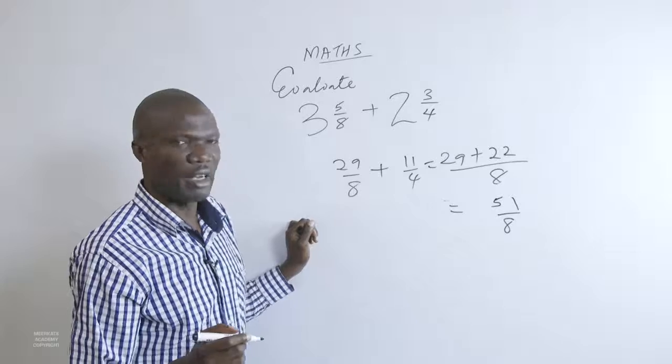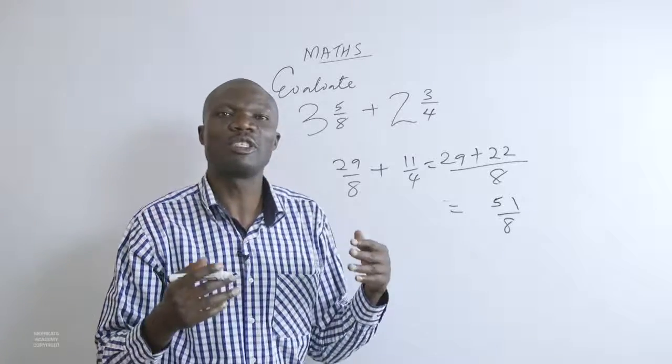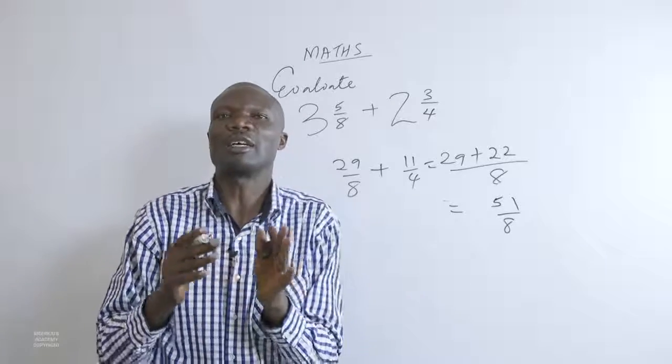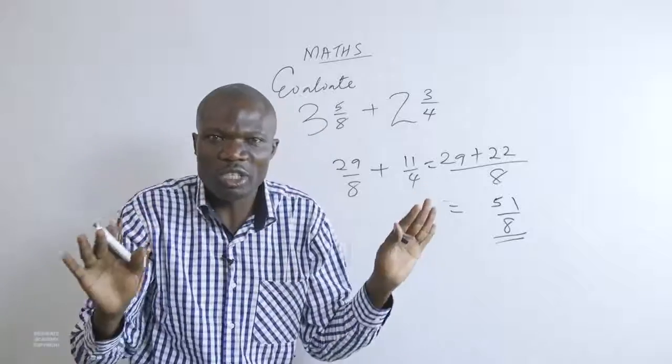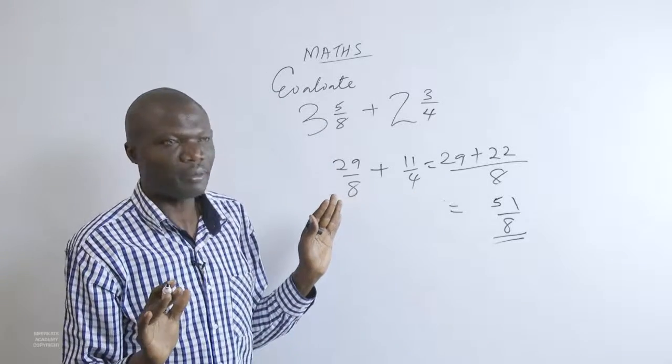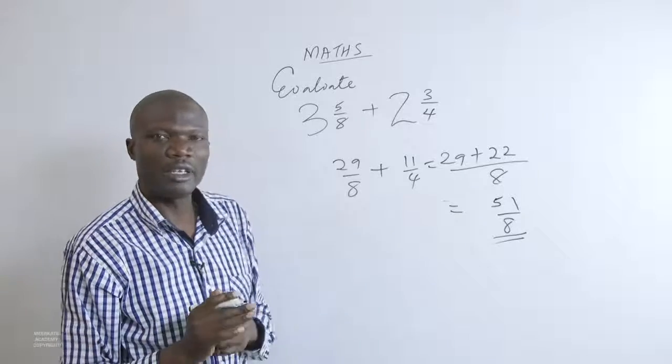51 over 8. What happens to 51 over 8? This 51 over 8 can be simplified and written as a mixed numeral, or it can just be left there as an improper fraction and you say, that's my answer. It's already the answer.